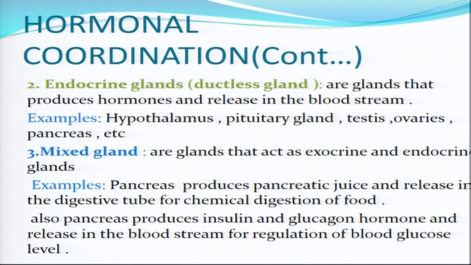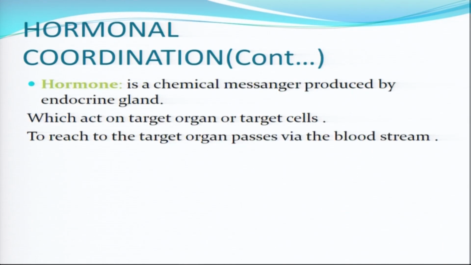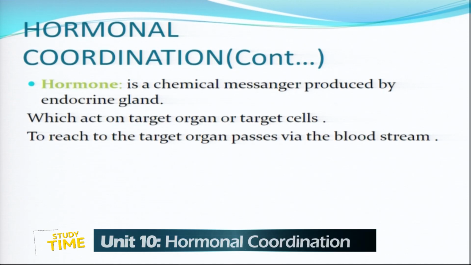That's why the pancreas is also called an endocrine gland. It is exocrine because it secretes what? Pancreatic juice, released into the digestive tube for digestion. It is endocrine because it releases hormones such as insulin and glucagon into the bloodstream for the regulation of what? Of blood glucose.